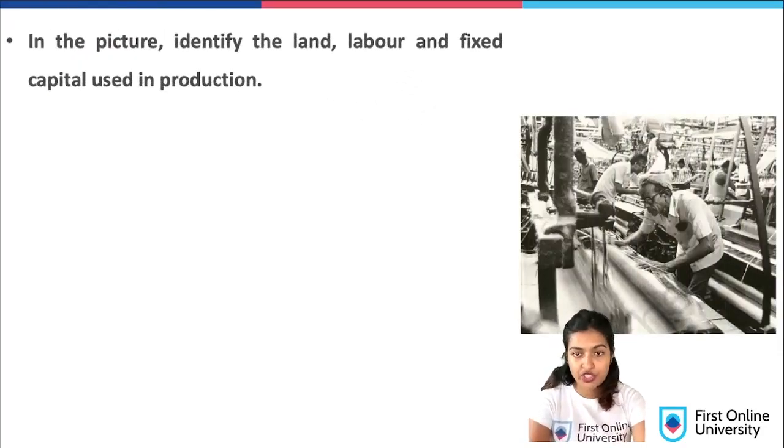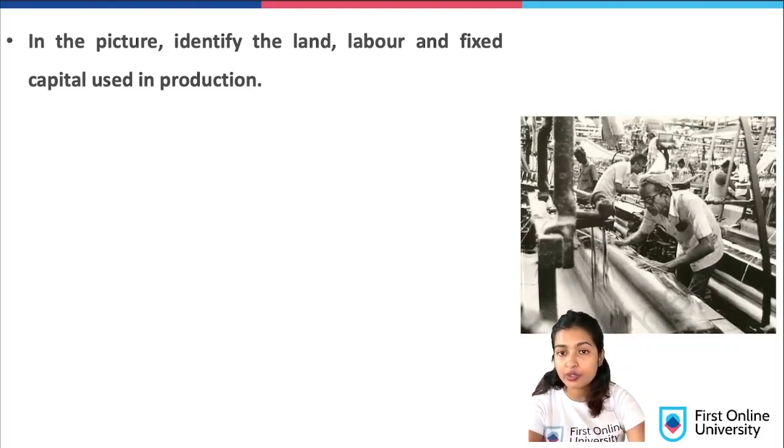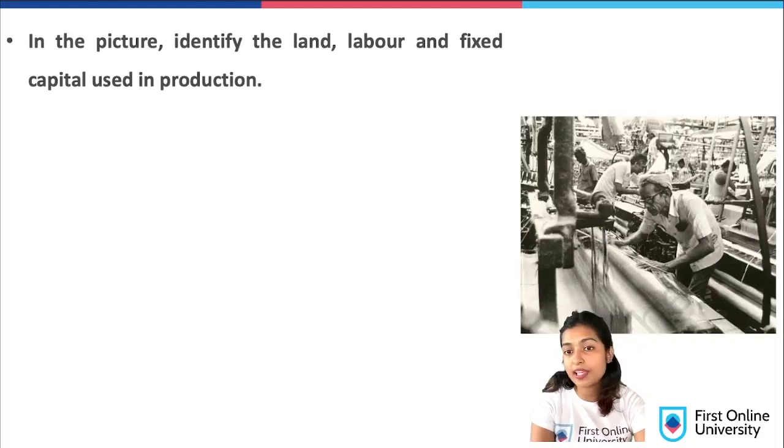So you have a picture here on the right. Look at it carefully. In this picture, please identify the land, the labor, and the fixed capital used in production. I will give you a brief 10 seconds here to identify the same, and further I will help you out with how to do so.